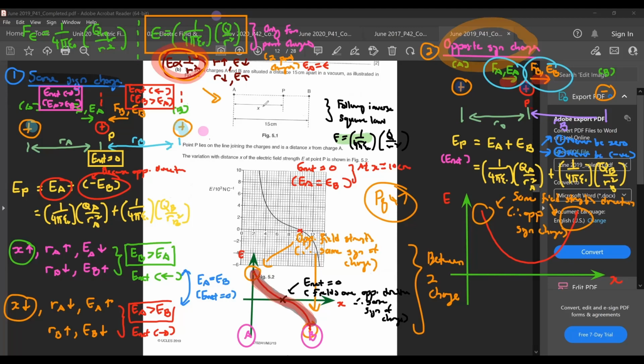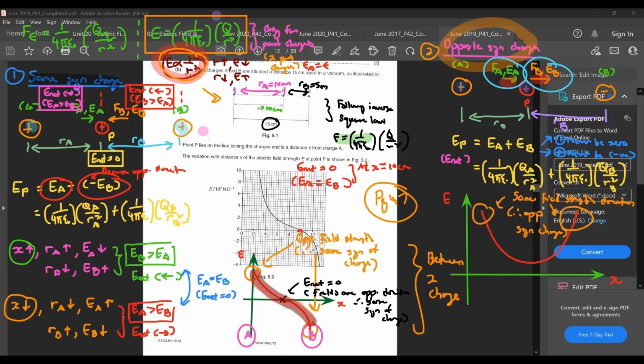If I tell you that this one is 10 centimeter, RA would be this one, which is actually 10 centimeter itself. RB would be this one, which would be 15 minus 10, giving you 5 centimeter. Okay, this is your RA and RB.